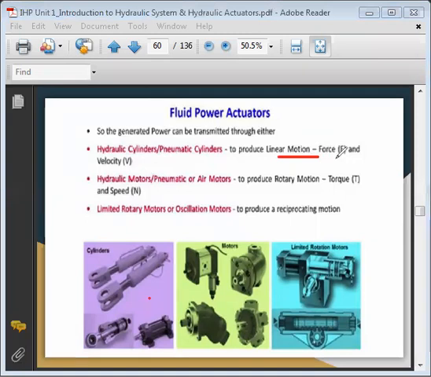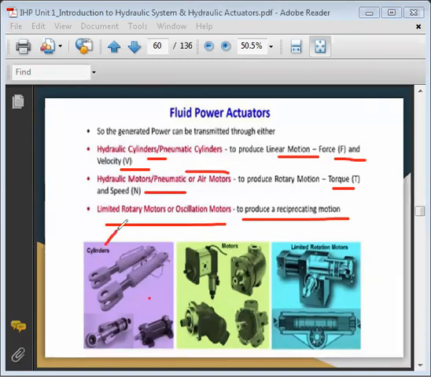That means at output you will get the force and the velocity. If the actuator is producing the rotary motion, that means your hydraulic motor or the pneumatic or air motor, at output you will get the torque and your angular speed. And limited rotary motion, or the oscillation motion, is used to produce a reciprocating motion. Getting it?